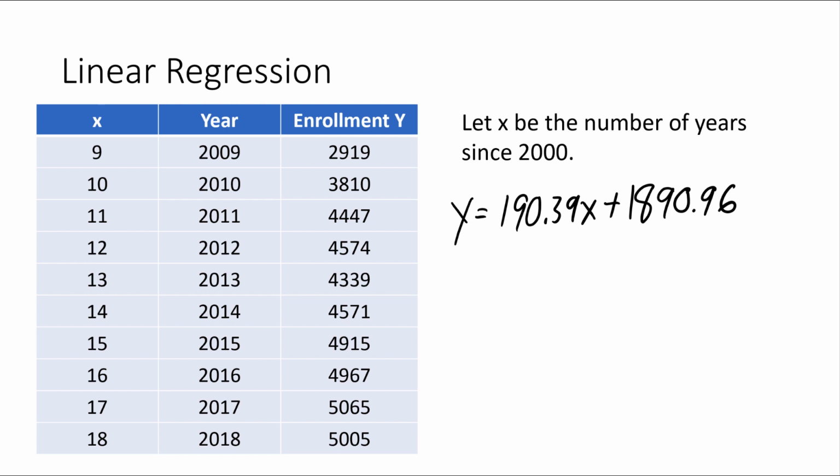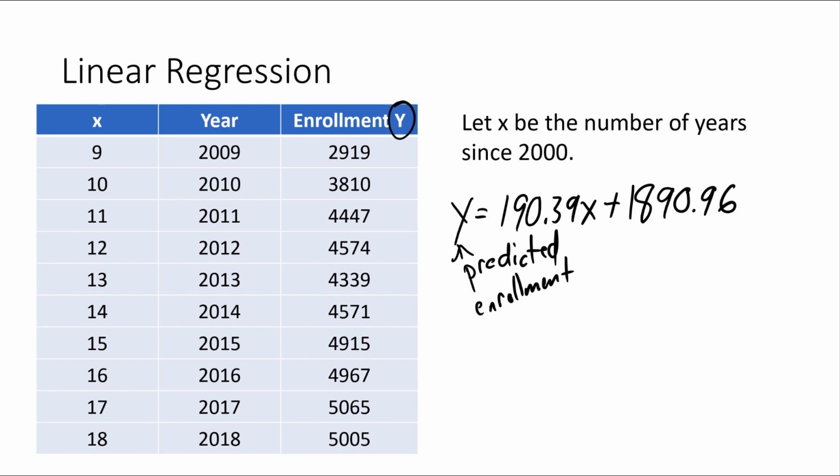All right, so in this problem, the actual enrollment is Y, but in the equation, this is the predicted enrollment. So it's a little confusing because Y can mean 2 different things.